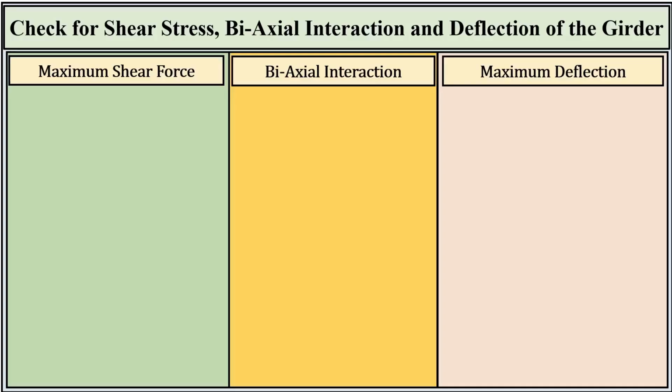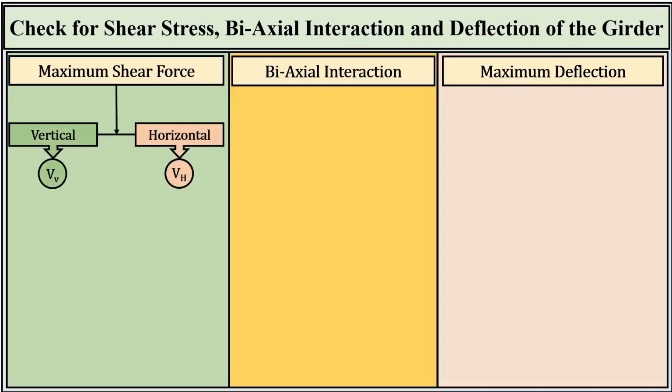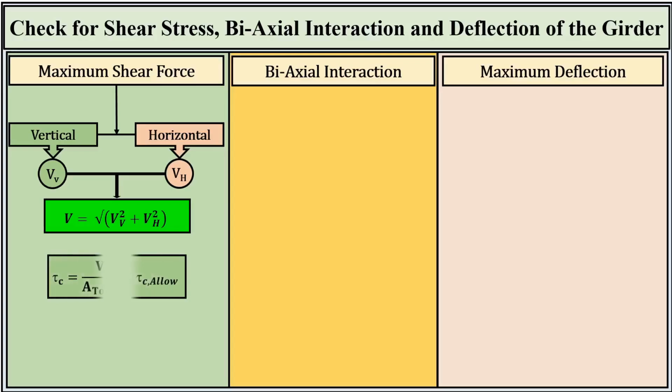Looking at the first column, we calculate the maximum shear force. Since the crane applies both vertical and horizontal loads, we find the resultant shear force V, by taking the square root of the sum of their squares. From this, we determine the calculated shear stress, labeled as tau c.